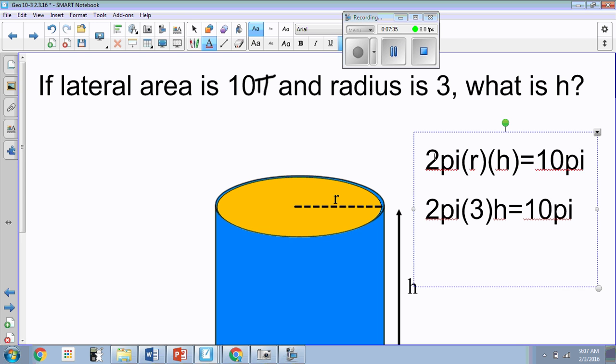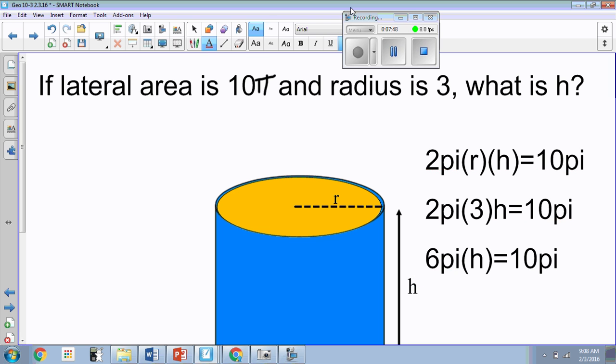So what I have is 6 pi times h equaling 10 pi. And now I'm just going to divide both sides by 6 pi. The pi's are going to cancel out, and you're going to have your result for your h by simplifying 10/6.